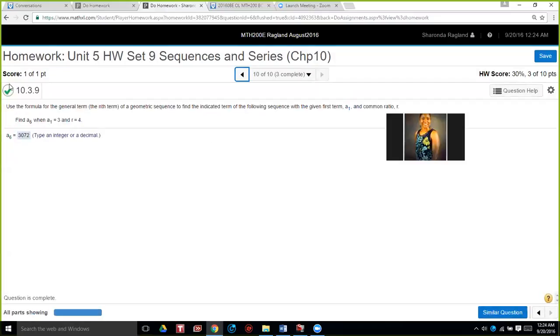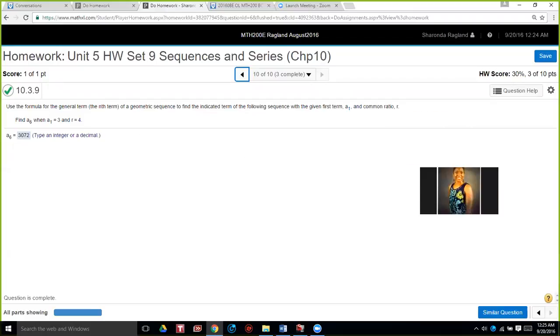Here, for this one, we want to use a formula for the general term, the nth term of a geometric sequence, to find the indicated term of the following sequence with the given first term and the common ratio R. So basically the question is, what formula is used for the general term?